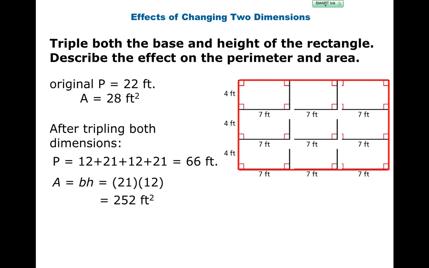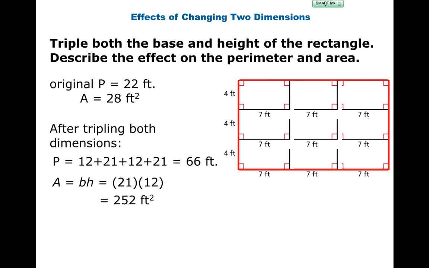Did it multiply by 9? Got 9 times bigger? Now, why would that get 9 times bigger? Well, as you look at the picture, do you see 9 smaller rectangles making up the big rectangle that we now have? So visually, that might be a reason why it is 9 times as big. You made a row of 3 rectangles, so I know it covered at least 3 times as much.